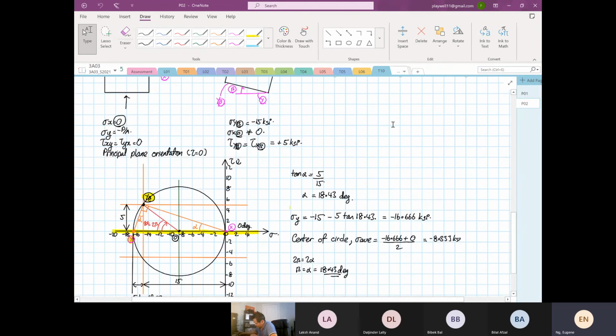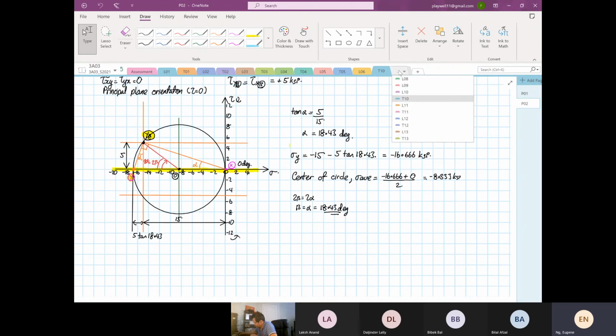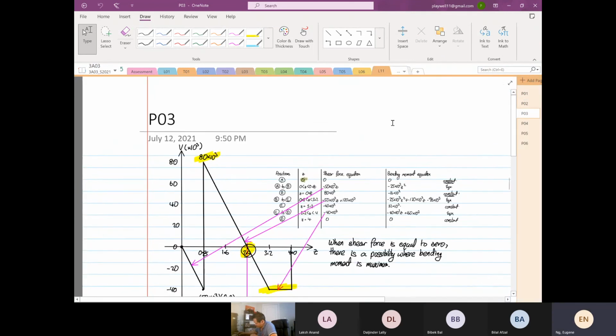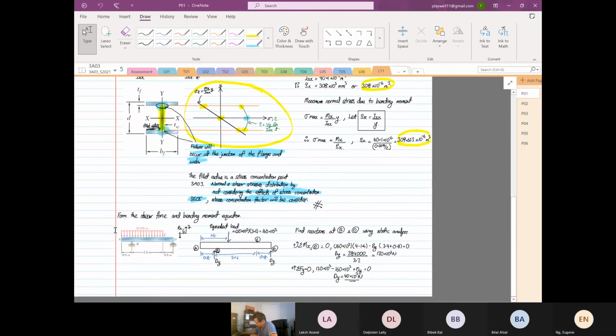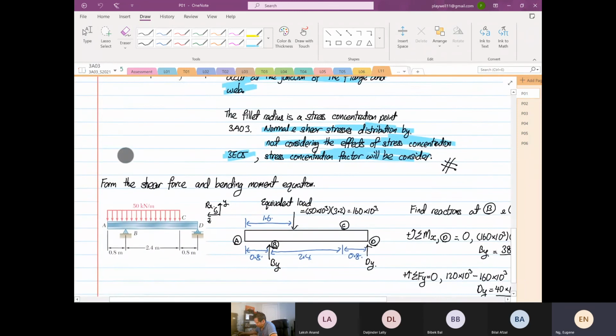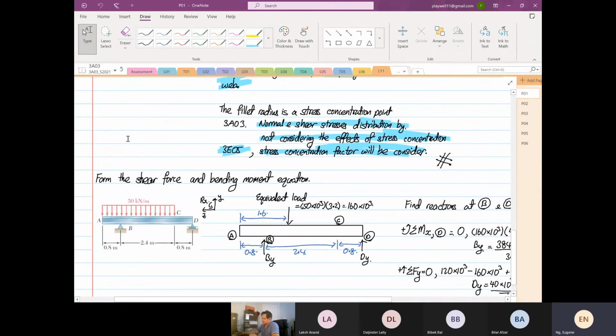or tutorial 10. No, tutorial 10 is straightforward. Lecture 11. Okay, so we have to form the shear stress and bending moment equation.